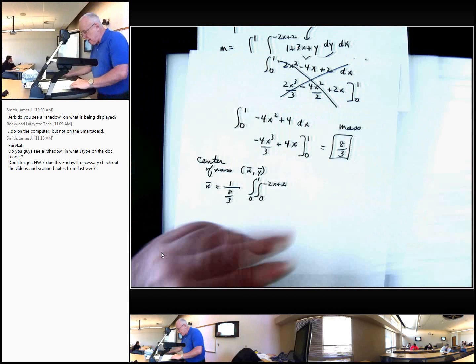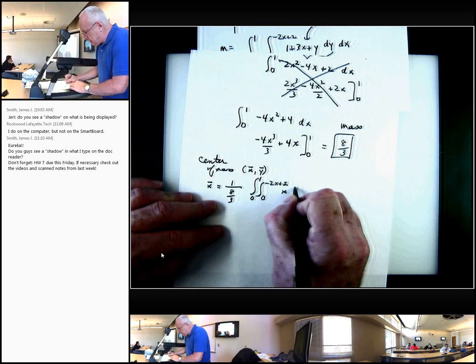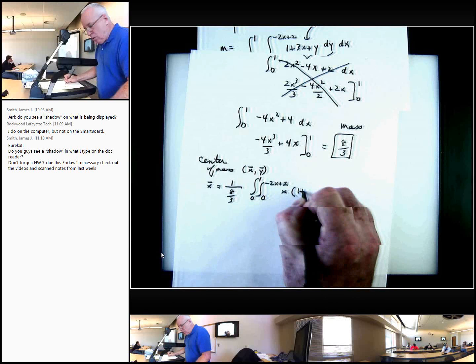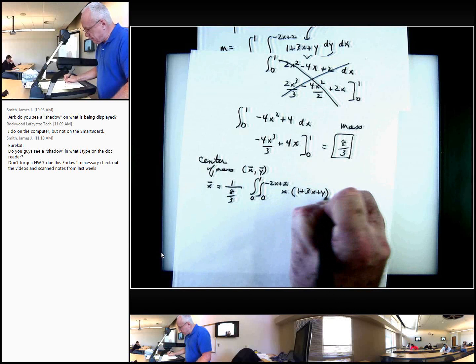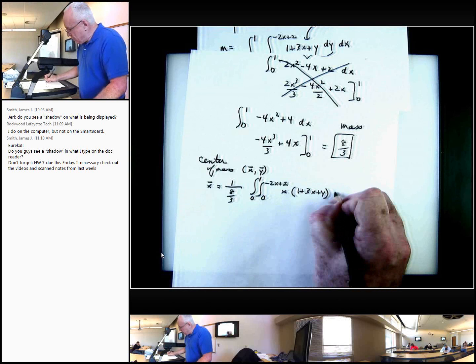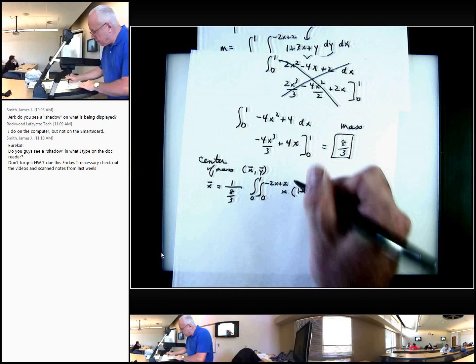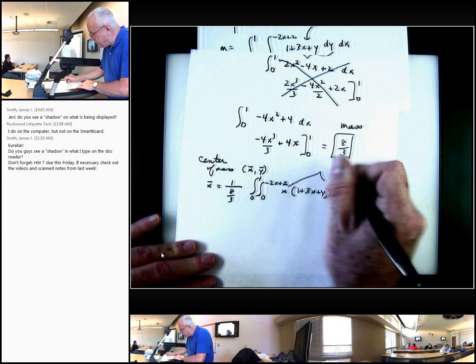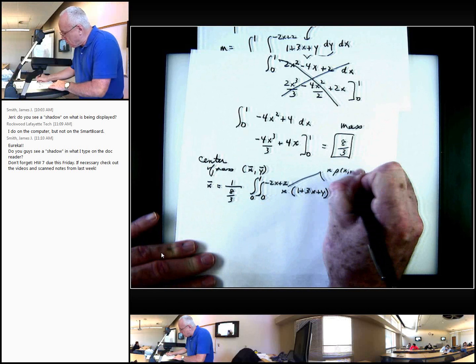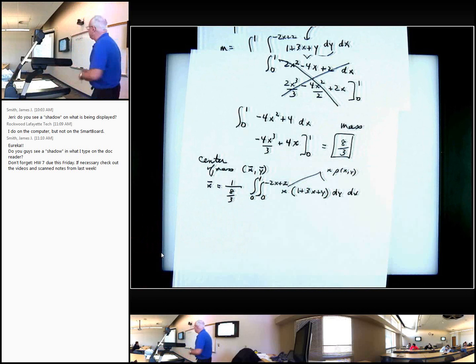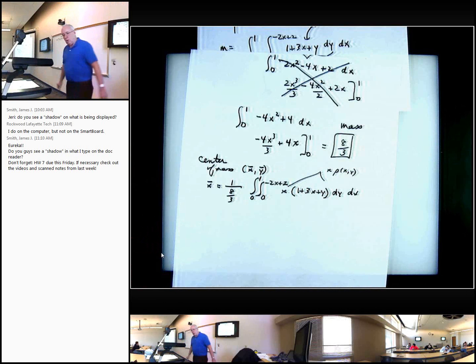So we're going to have x times the density, which is 1 plus 3x plus y, and then dy dx. So this inside here is x times rho of x, y. All right.